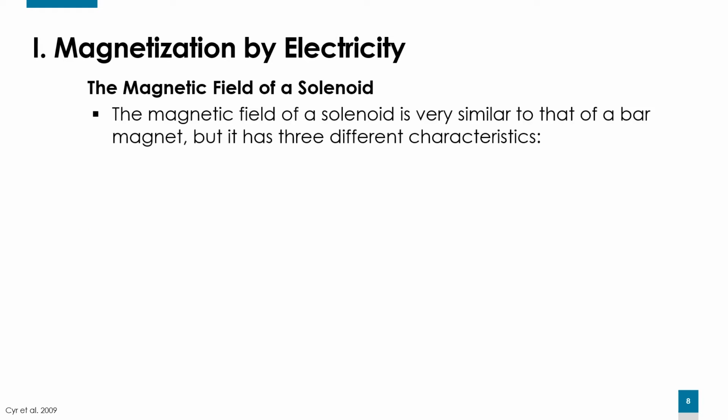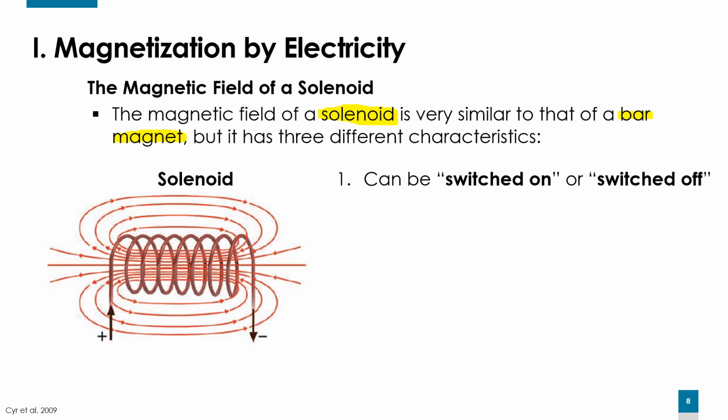The magnetic field of a solenoid is very similar to that of a bar magnet, okay? So when I build a solenoid, it has the same characteristics as a bar magnet. Okay, so it's a very strong magnet. But there are some main differences. The first one: the solenoid can be switched on or switched off.